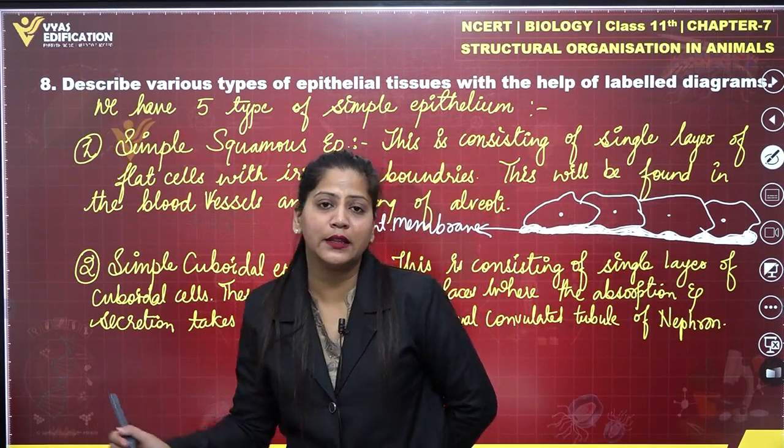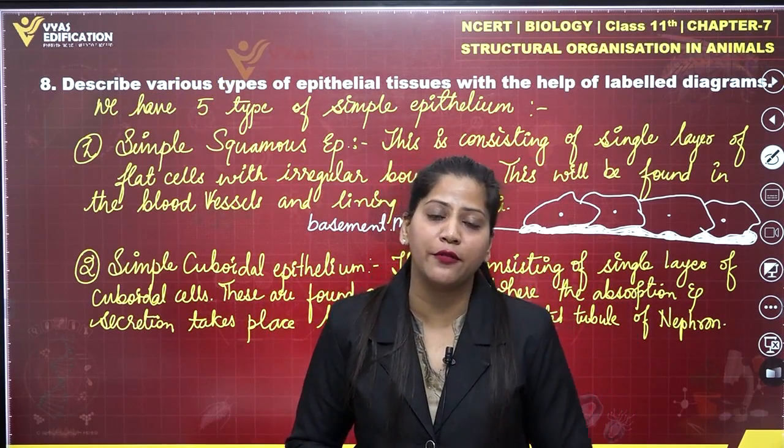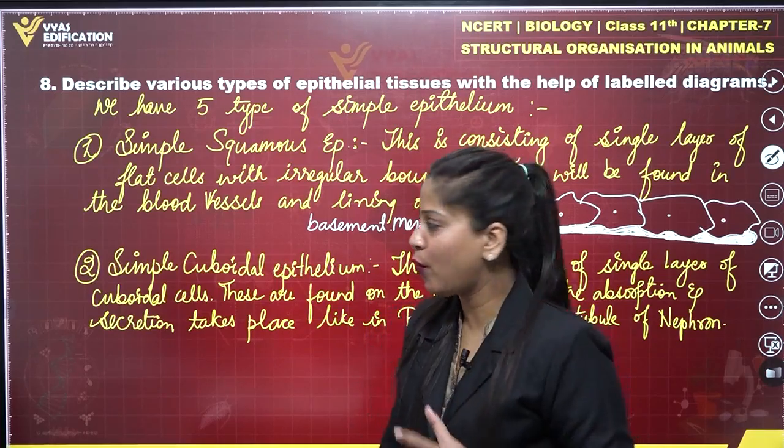So you will find this simple cuboidal epithelium in the proximal convoluted tubule of nephron in the animal body.